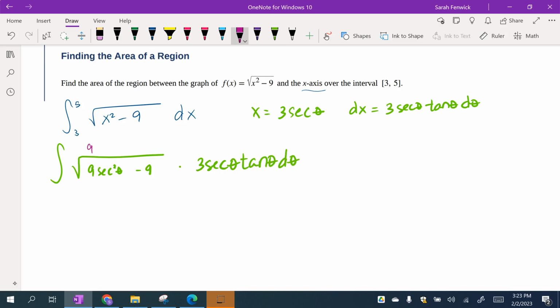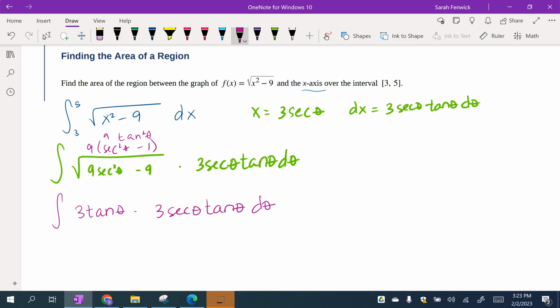Right here, we get 9 tan squared theta. So when we take our square root of that, we have 3 tan theta times 3 secant theta tan theta d theta.